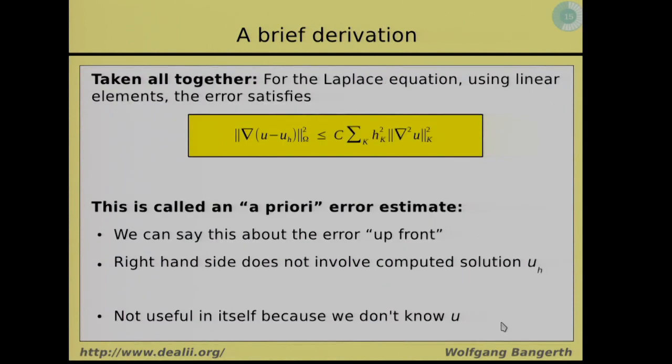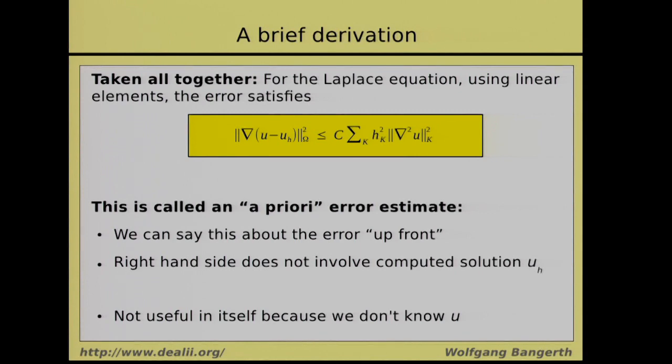So if I put this all together, then I get exactly the statement that I had earlier, right? I bound the finite element error by the interpolation error, and I bound the interpolation error via the Bramble-Hilbert lemma by exactly this sort of term that has the mesh size squared times the second derivatives of the solution. We call this an a priori error estimate, and the term a priori really doesn't make all that much sense.